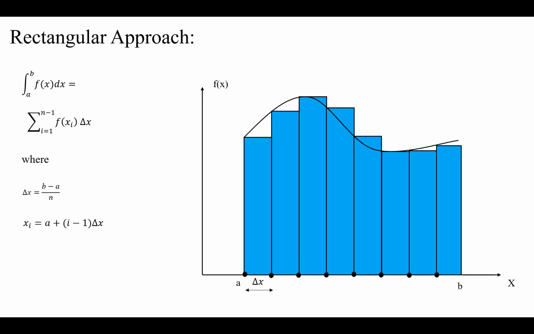And delta x would be our limits, the final value minus the initial value, divided by the number of divisions. It gives us the base, and all of these rectangles are equally spaced. And xi would be the first point, the second point, the third point, and so forth. So by adding the area of these rectangles, we estimated the area under the curve.